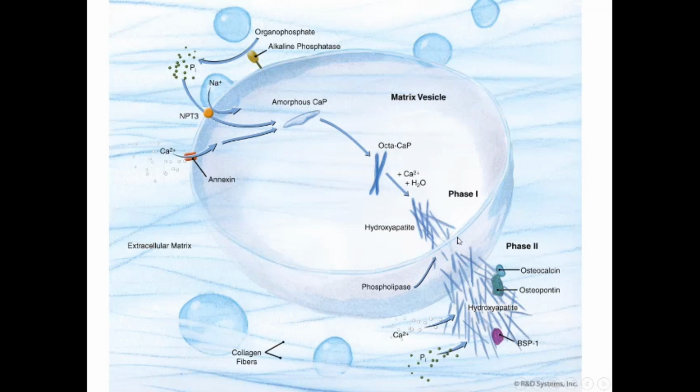At the end, the vesicle filled by crystals fuses with other crystals and makes a confluent mass of calcified material in the bone matrix. So the matrix vesicle serves as a center for the start of hydroxyapatite formation.